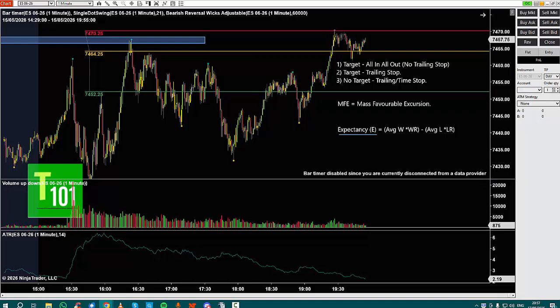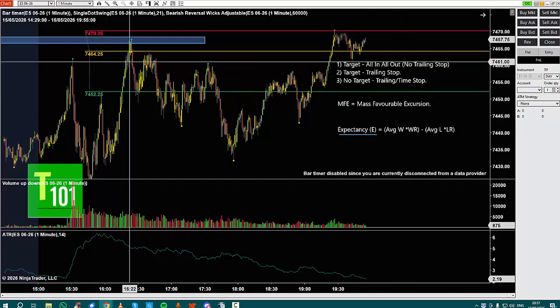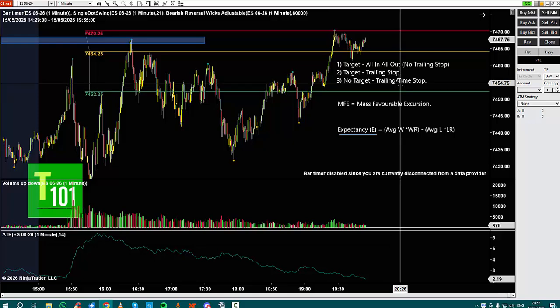So you get the gist. You need to measure how far it goes in favor and then crunch the numbers to get the sweet spot about where you need that target to be. And that's one way of managing your stop and your target.